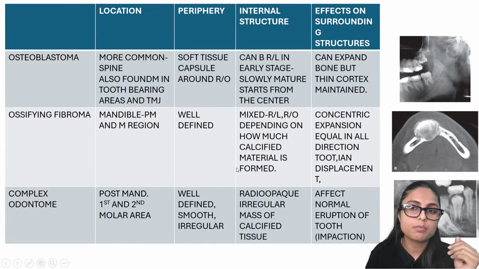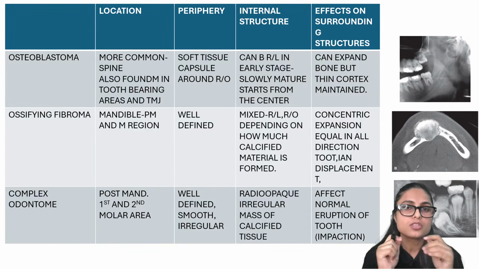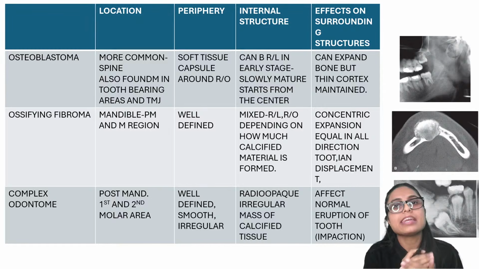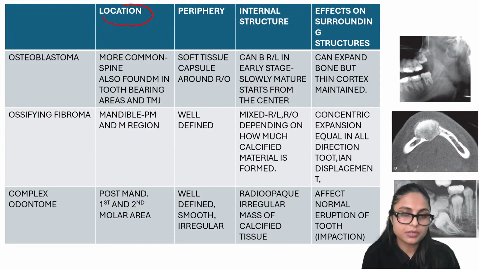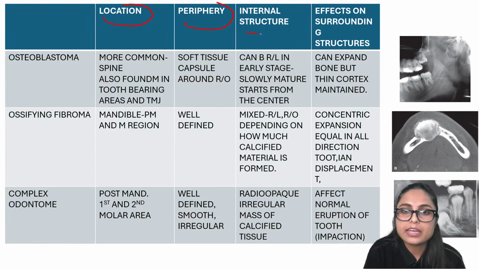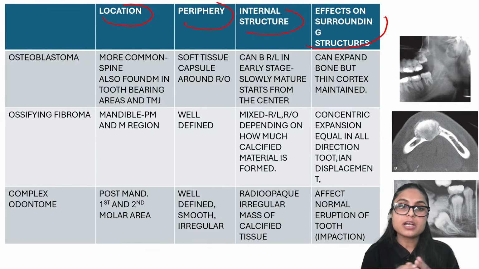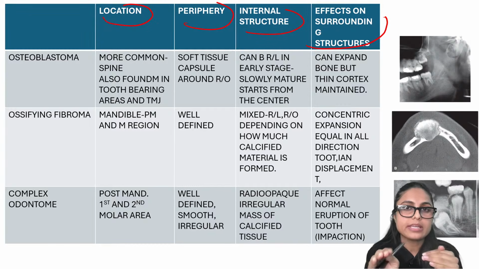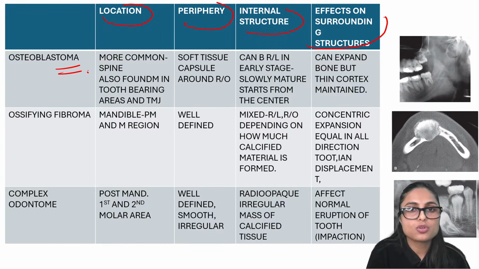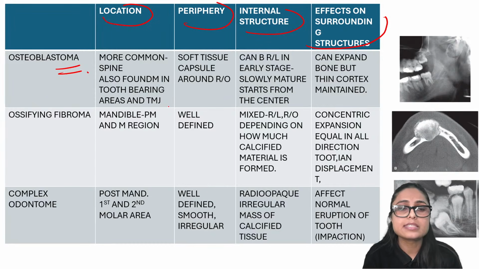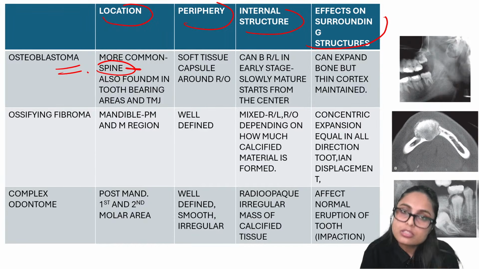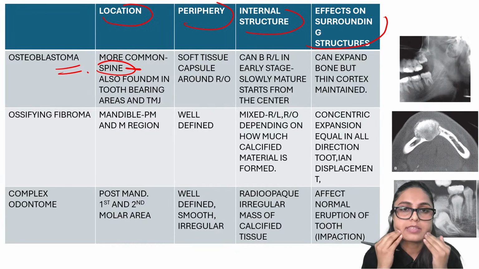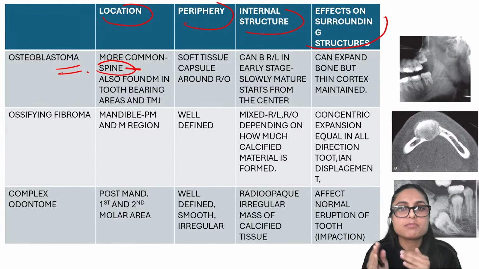First we'll talk about osteoblastoma. When we interpret any radiograph, you first check for the location of the lesion, then the periphery, then the internal structure, and then effects on the surrounding structures. Now if we compare these four points, osteoblastoma more commonly involves the spine, but it can also be found in tooth bearing areas, that is jaws, and the TMJ region.